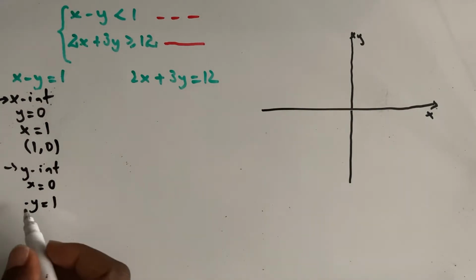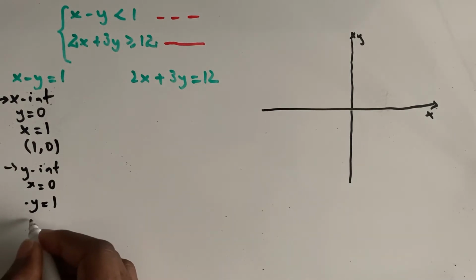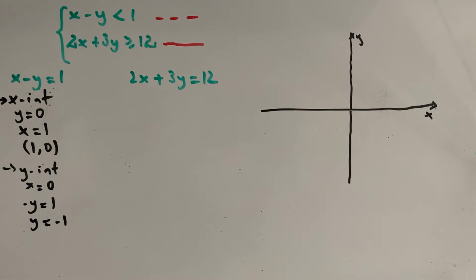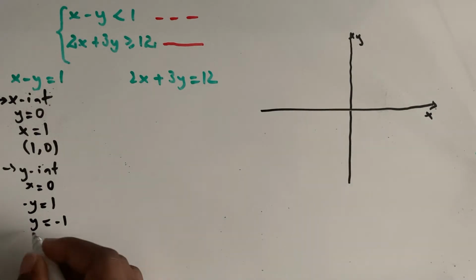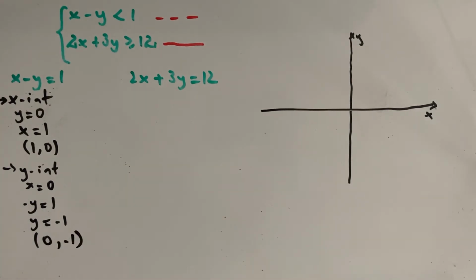Then dividing both sides by negative 1, you'll get y equals negative 1. So the ordered pair here will be 0, negative 1. This is the second ordered pair. The first one, as I said, is 1, 0, and the second one, the y-intercept, is 0, negative 1.